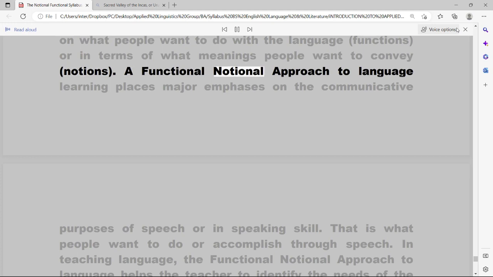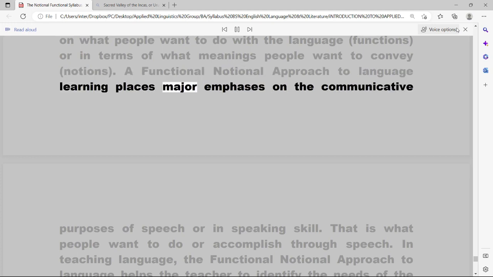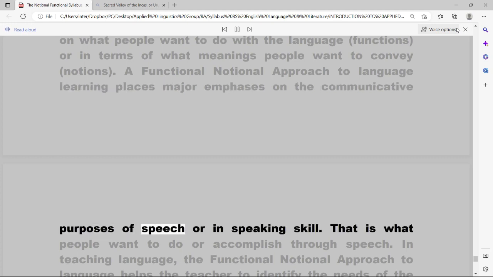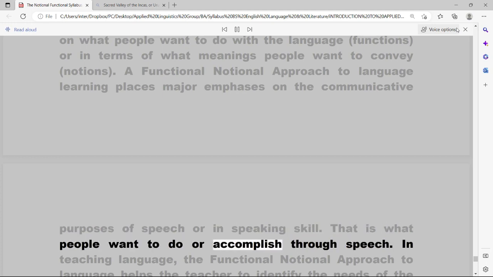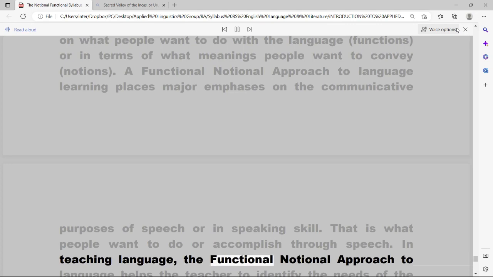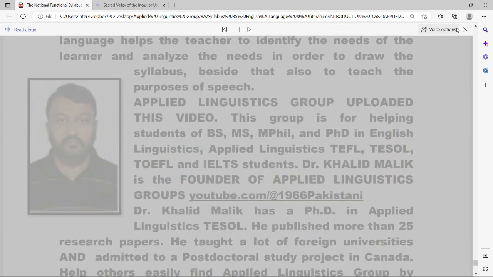A functional notional approach to language learning places major emphasis on the communicative purposes of speech or speaking skill. That is what people want to do or accomplish through speech. In teaching language, the functional notional approach helps the teacher to identify the needs of the learner and analyze the needs in order to draw up the syllabus, besides also teaching the purposes of speech.